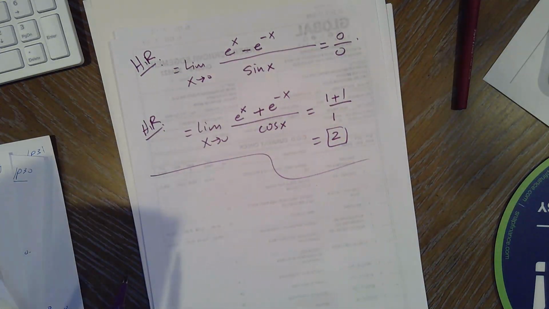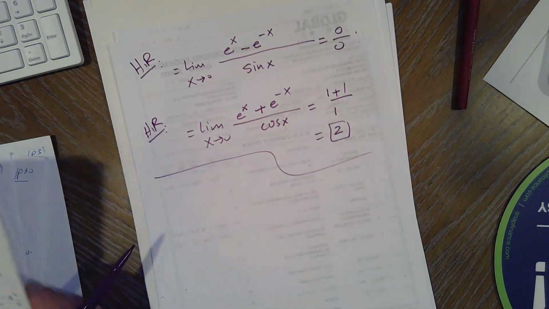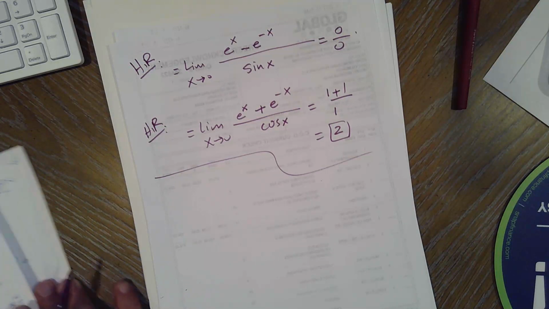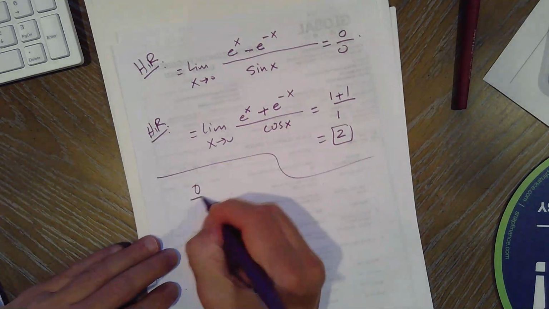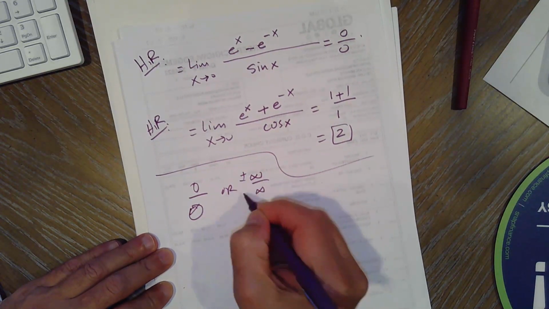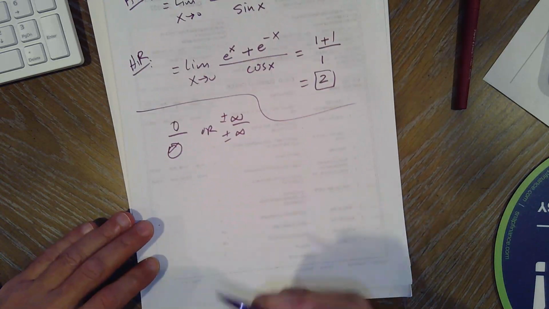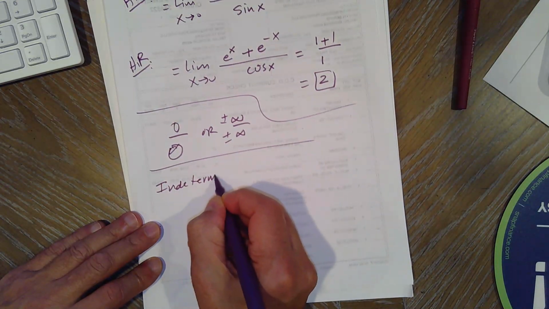Okay. So now let's go over other indeterminate forms. The indeterminate forms that we talked about were 0 over 0 or infinity over infinity, plus or minus. Other indeterminate forms are indeterminate products.